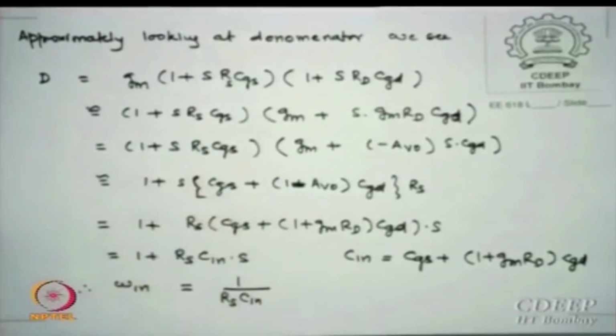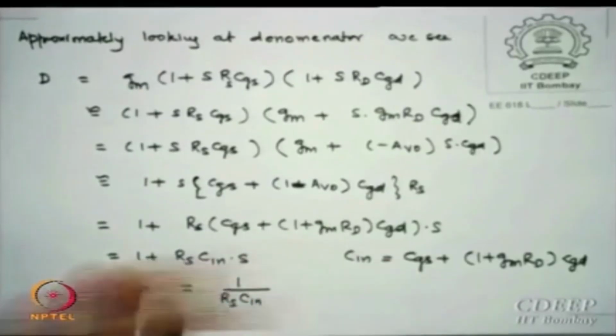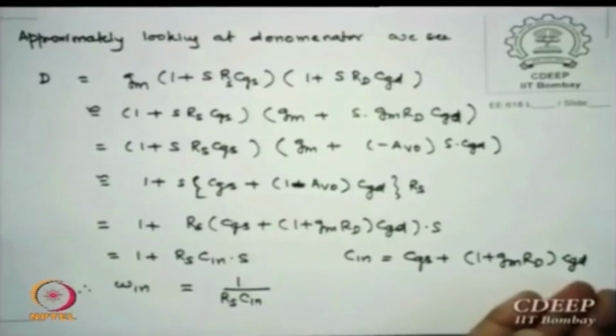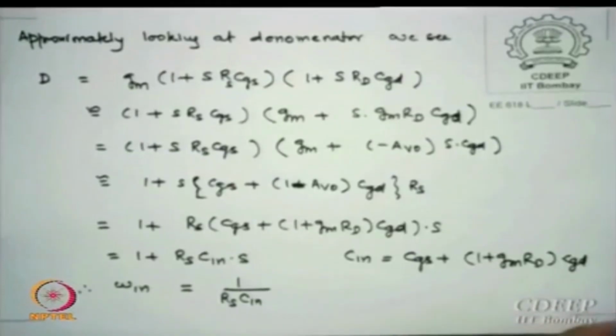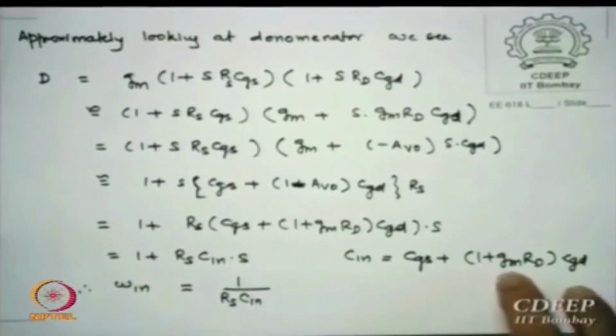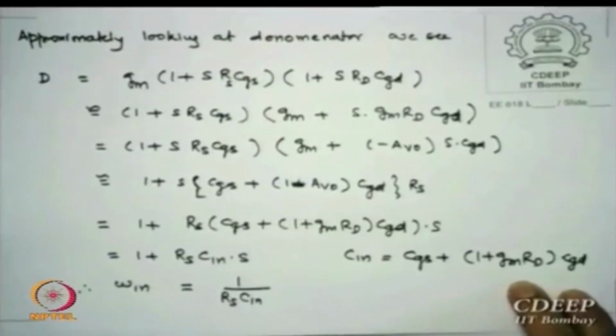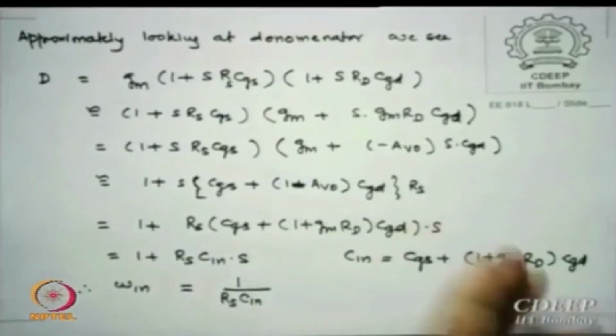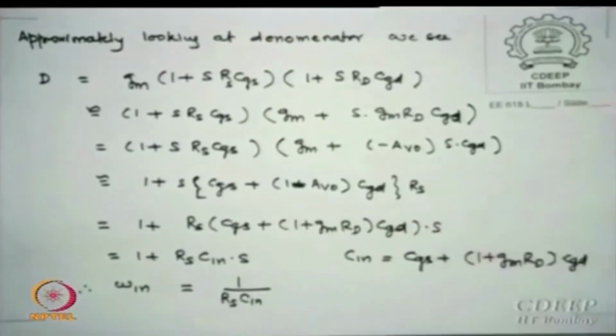I figured out that I can actually look into the input side and see that the input pole is essentially the same as what I would have got, except that now an additional term of capacitance is coming because of CGD, which is becoming very important and very large, because typically Gm Rd will be more than 10 or 5 at least, if not more, maybe 100 or 1000 sometimes.